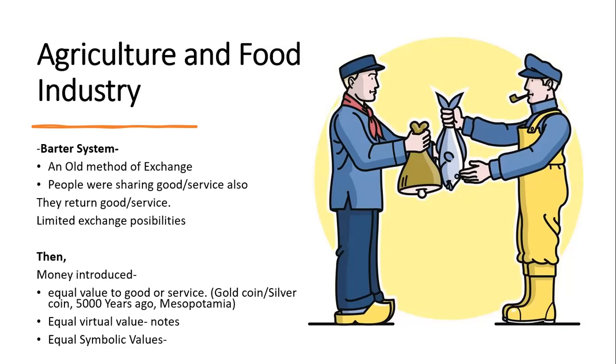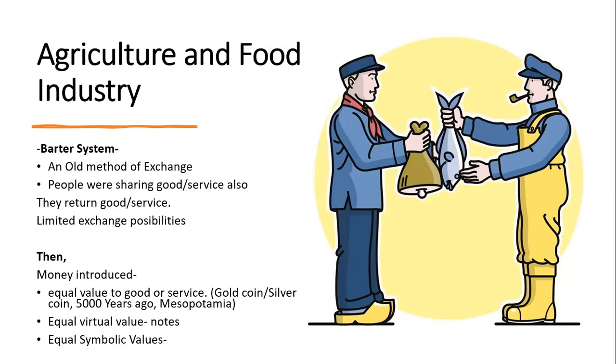Then virtual value came, which is notes, with equal symbolic value. These days, we are not using notes or coins. We use our mobile phones and apps and do all the transactions.